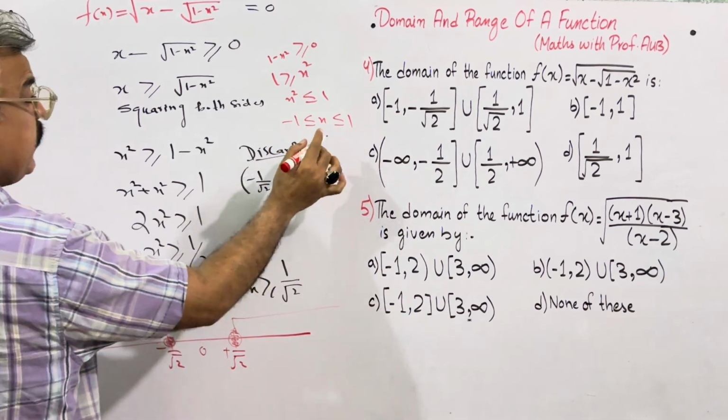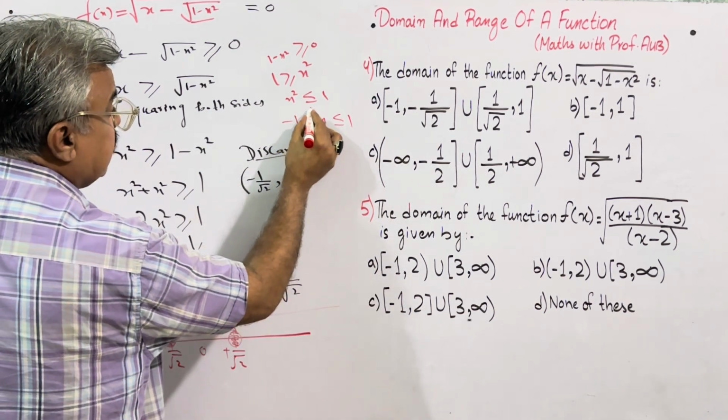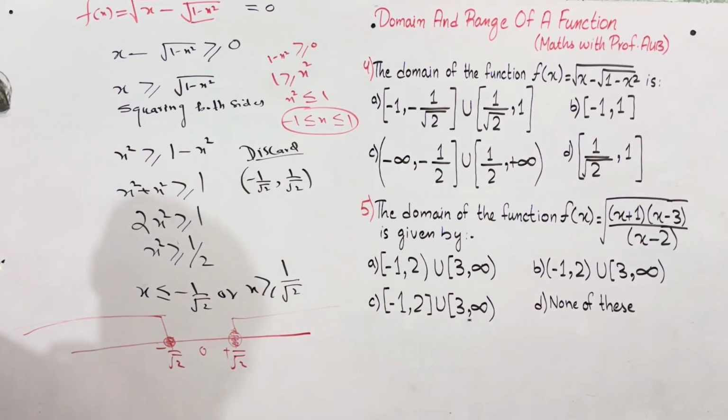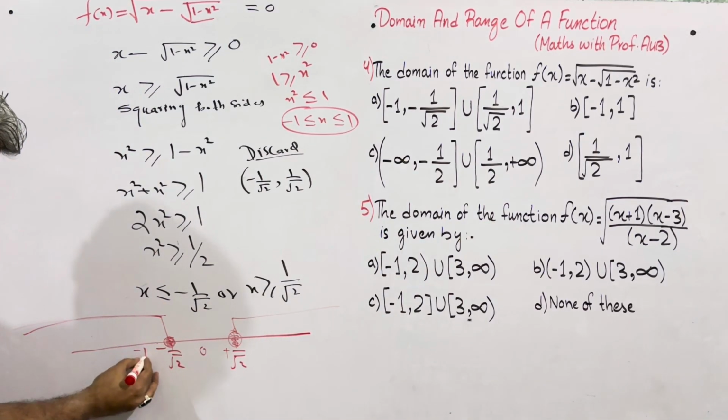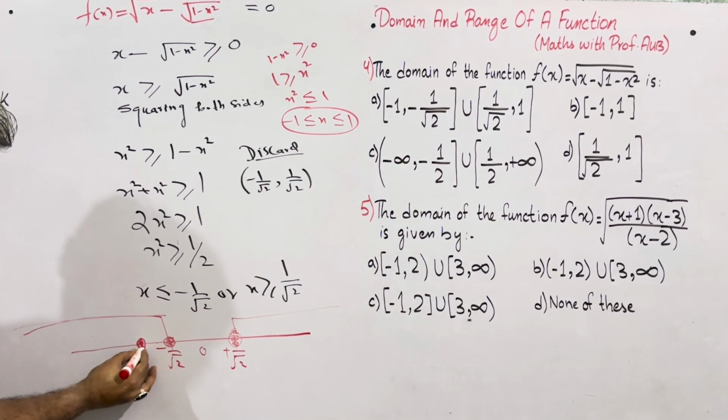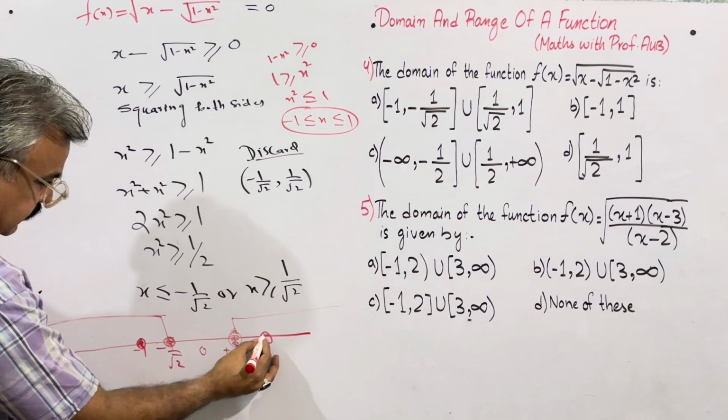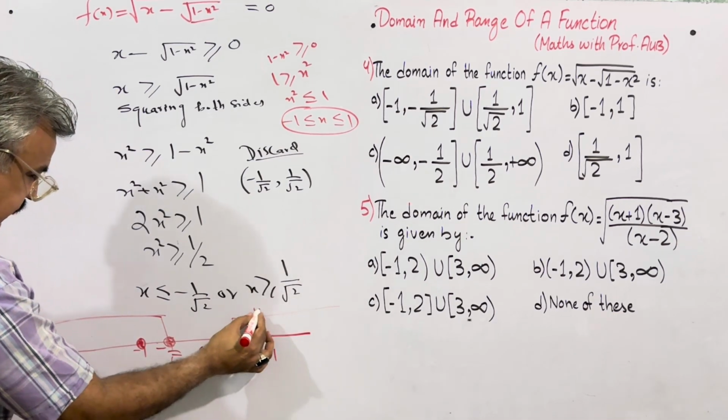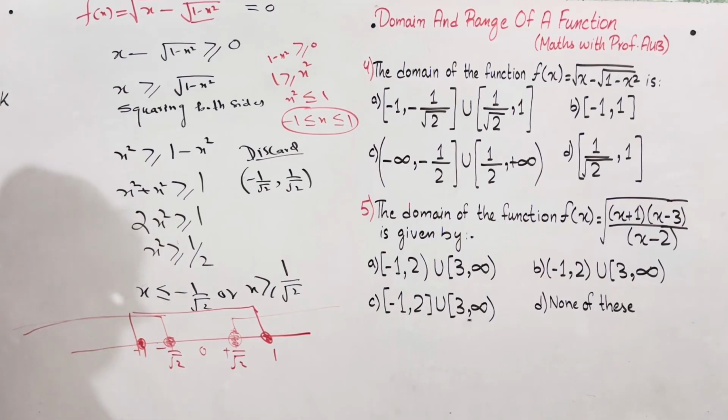Okay, for this we have to take this as our interval. For this it is minus 1 including, and that is our positive 1. Now we have to find their intersection.